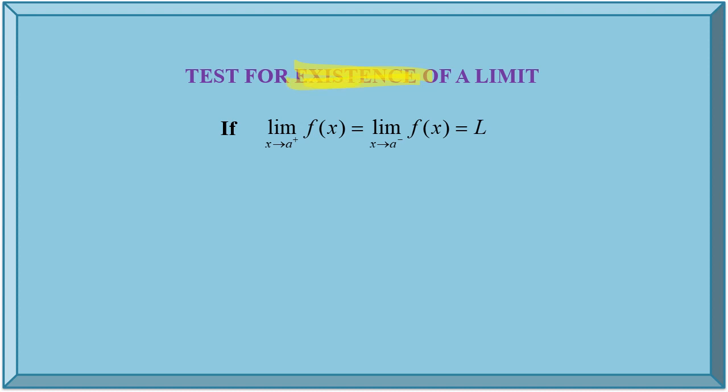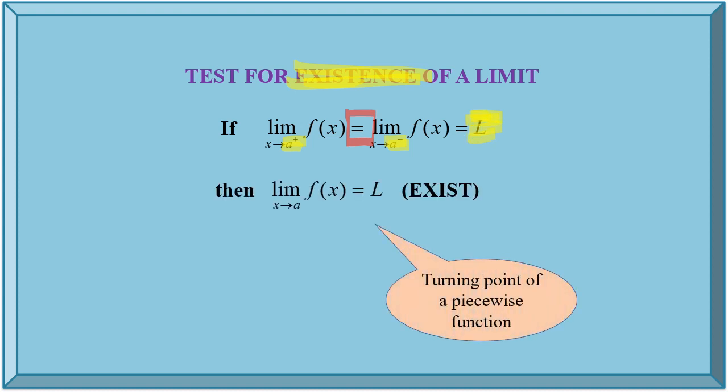If the limit of f(x) as x approaches a from the right side is equal to the limit of f(x) as x approaches a from the left side, which is equal to a certain value L, then the limit of f(x) as x approaches a exists, and is equal to L. This a is the turning point of a piecewise function, the value that separates the pieces of the piecewise function.